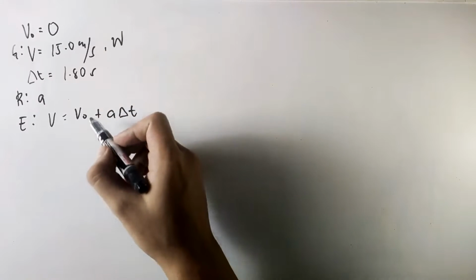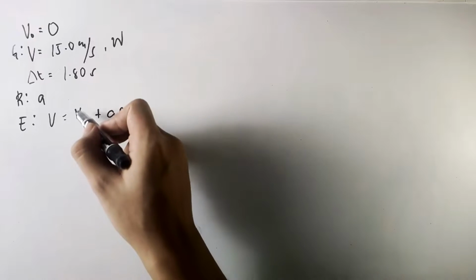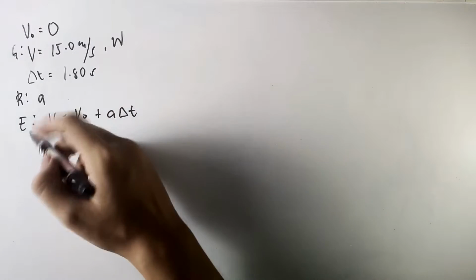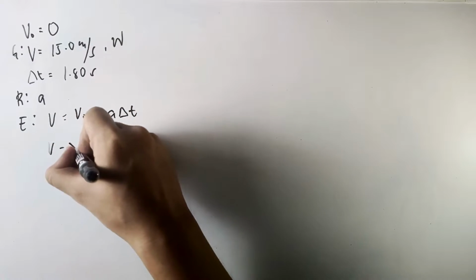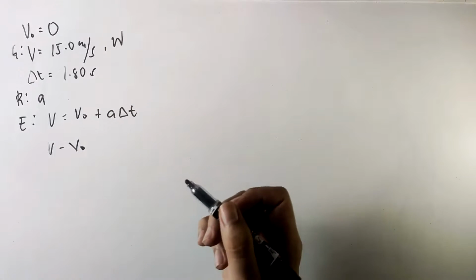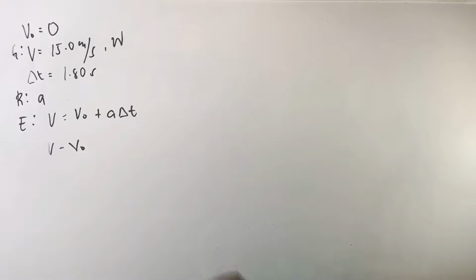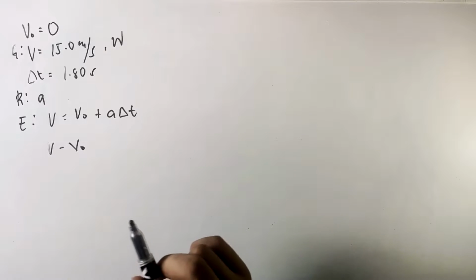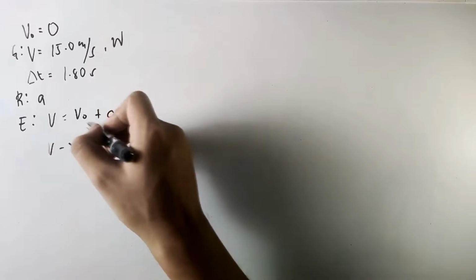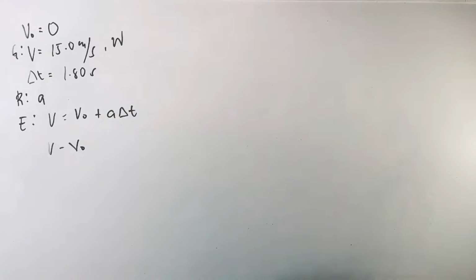Okay, next of course we're going to derive. This is addition, right? So this must be transposed to the left, so v minus v sub 0. Always remember, if the operation between the terms, so we call these terms, right, is separated by addition or subtraction, you can just transpose it.